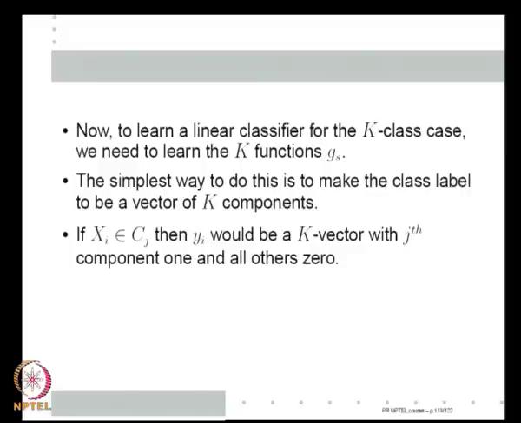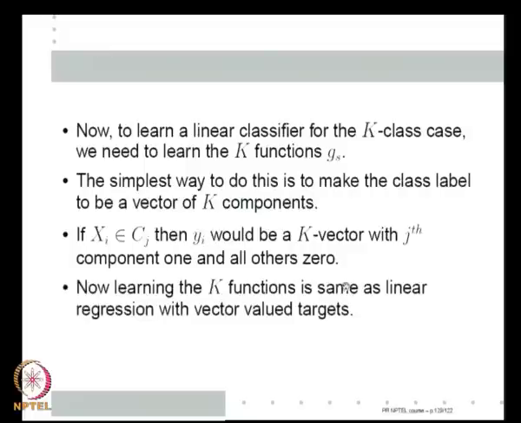So, y_i will be a k-vector now, and to denote the jth class, I put 1 in the jth component and 0 everywhere else. So, each y_i will be one of the unit coordinate vectors. We have seen similar coding when we considered a discrete random variable in ML estimation. So, the same coding we can use; we make the class labels k-vectors.